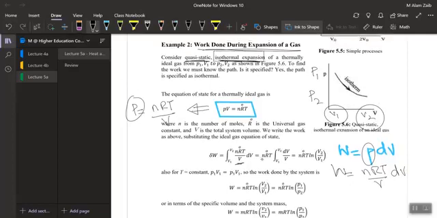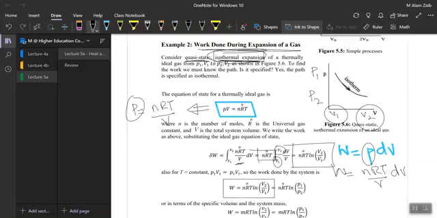So take n out of the integral because it is constant, take R out because it is constant, and also take T out because the temperature was constant. So nRT is out of the integral, and we are integrating dV by V between V1 and V2. If you integrate it, you come up with the equation W equals nRT log of V2 by V1.